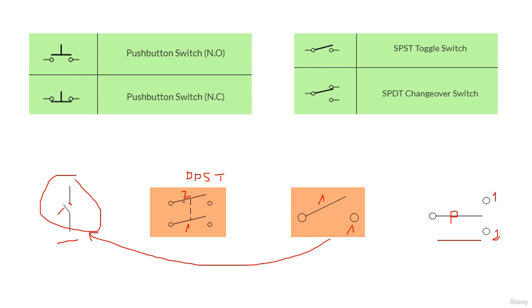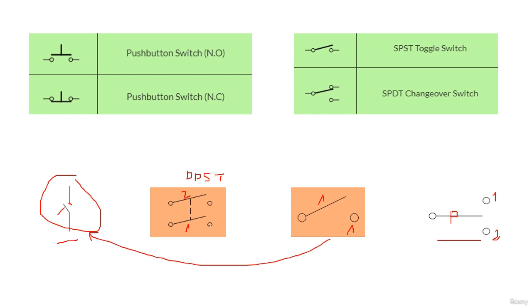Okay, so this is a double pole because we have two poles over here and we have just one throw, because even if we have two throws here, it is just one throw, because we don't have the options here.